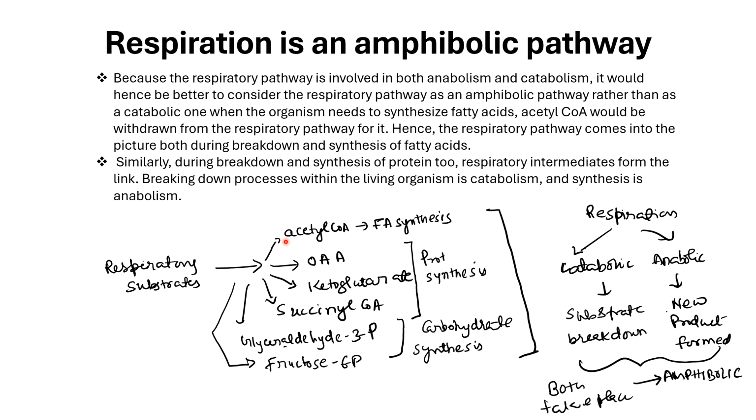So see, acetyl coenzyme A, which is an intermediate in the Krebs cycle, can be utilized for fatty acid synthesis. Similarly, oxaloacetate, ketoglutarate, succinyl coenzyme A can be used for protein synthesis, and glyceraldehyde 3-phosphate and fructose 6-phosphate can be used in carbohydrate synthesis. So you see, respiration accounts for both the catabolic and the anabolic pathway.